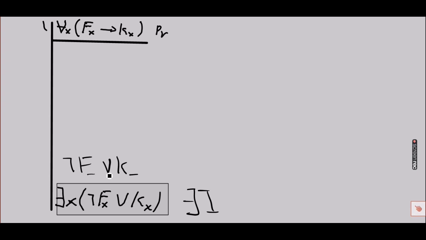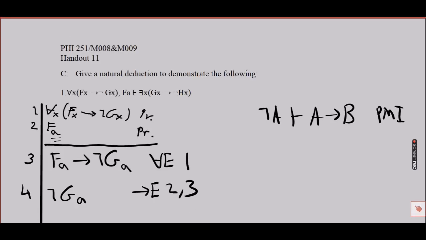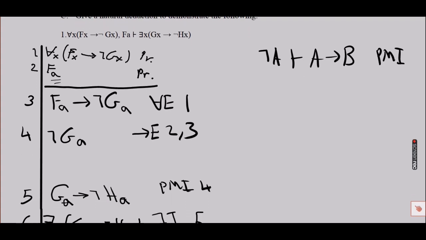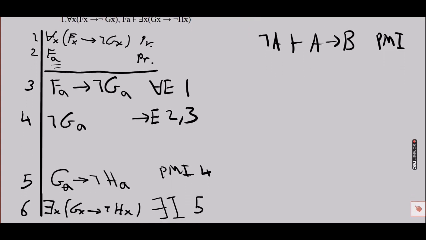Right? Now, what name should I put here? Well, notice that this problem doesn't involve any name. It's all variables, right? If we contrast this with the previous problem, in the previous problem we were given a name in the premise, namely A. And for that reason, on line 5, we decided to get the A instance of the existential because we already had A in the problem.